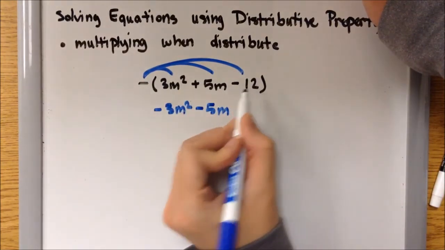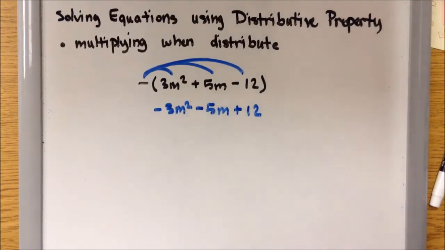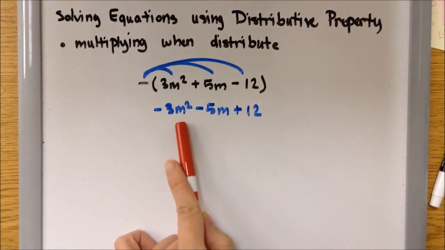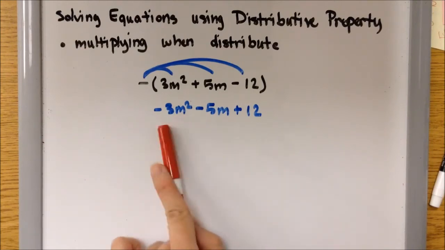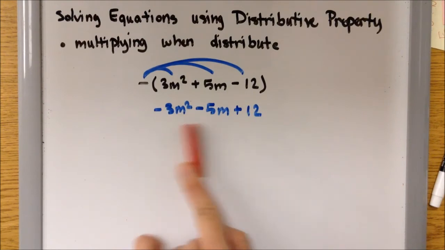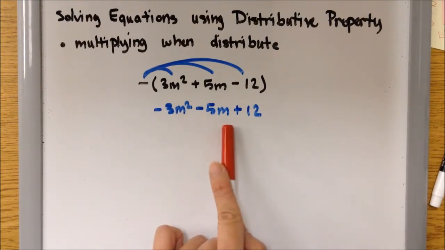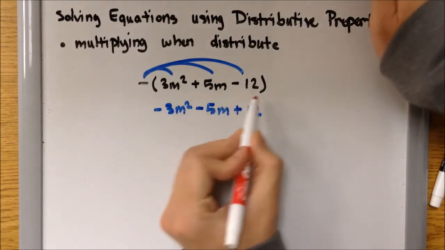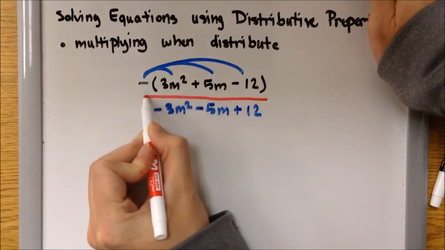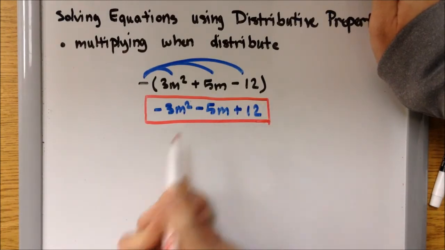Negative times negative 12 would be positive 12. Then we check if there are any like terms. Here, m² and m are two different terms, so we cannot combine them. We just leave it separate like this. So our final answer is -3m² - 5m + 12. This is all you have to do when you're simplifying expressions.